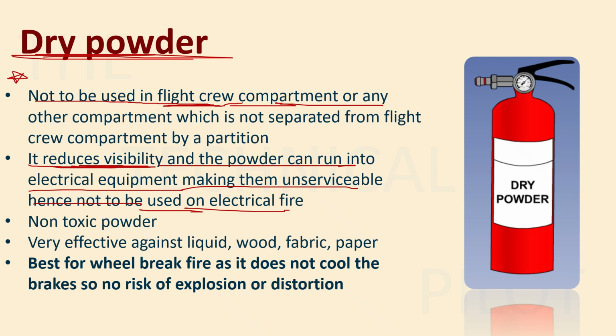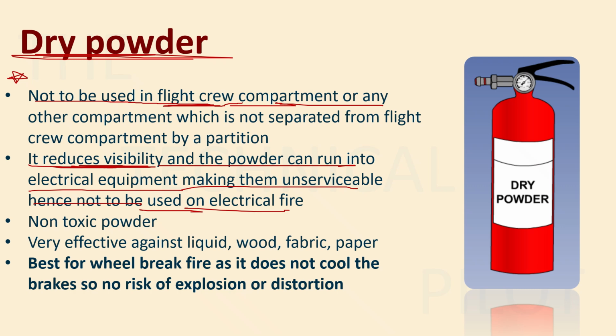So if you have a fire in the cockpit, never use dry powder because firstly it will reduce your visibility. You won't be able to see outside, right? You won't be able to see the nice view outside your windows, and also it can run into your electrical equipment. It can get into your buttons and all, right? So it can create problems there, right?